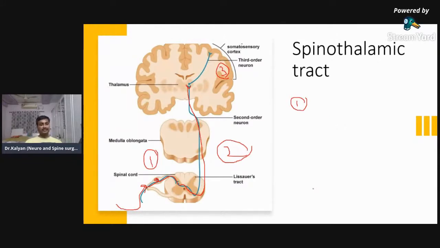And the third question, again very important: where does the decussation of the spinothalamic tract occur? You have to remember this. Spinal cord. Fine.